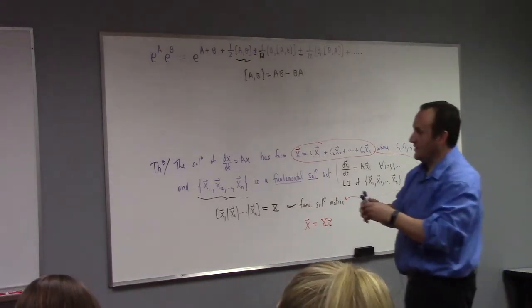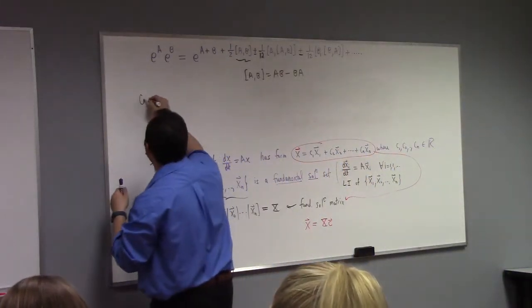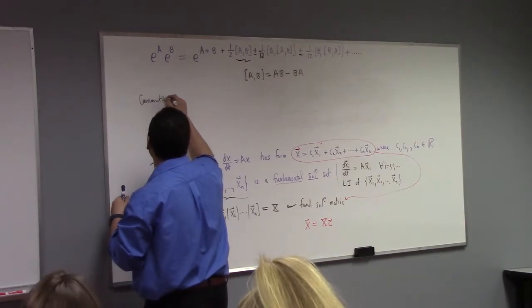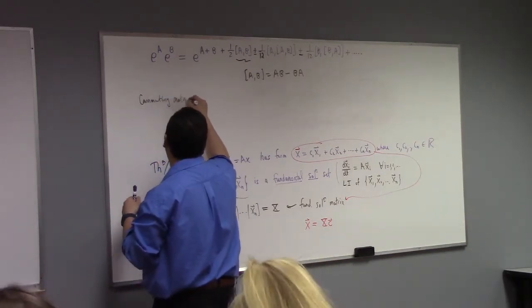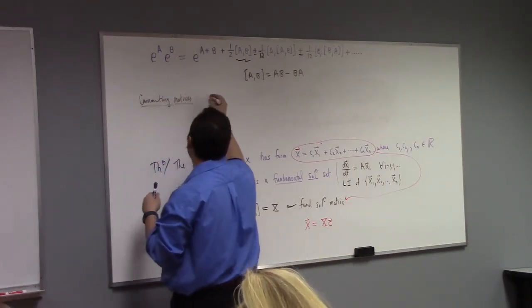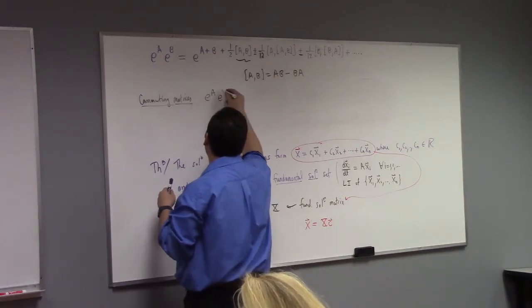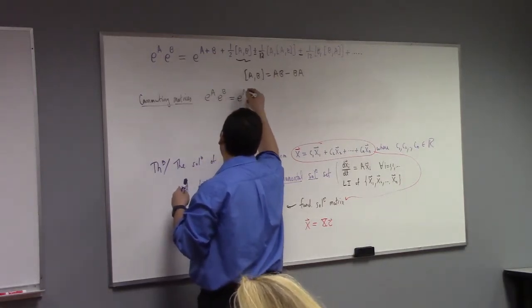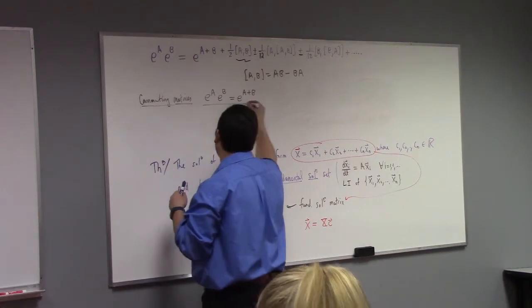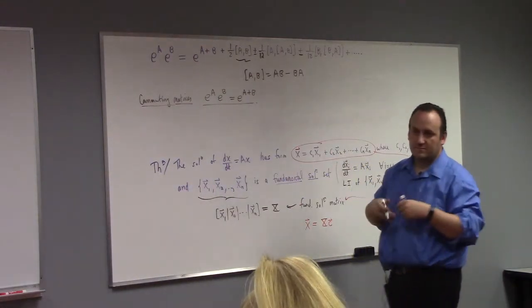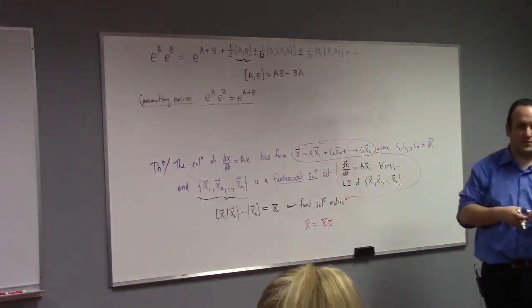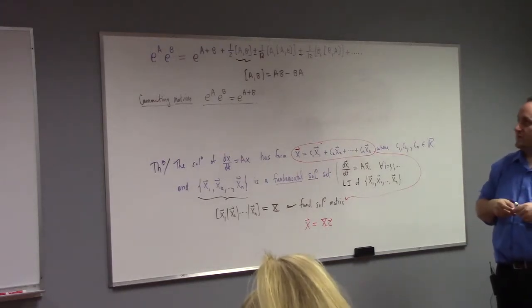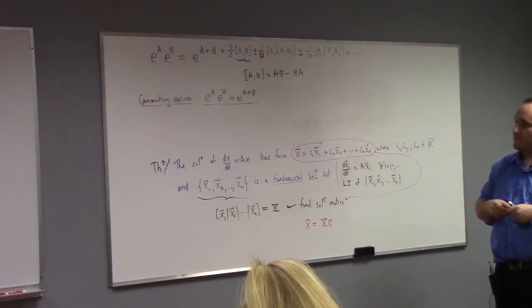For commuting matrices, we have e to the A times e to the B is e to the A plus B, which is, of course, your usual law of exponents. But when matrices don't commute, then something really different happens.